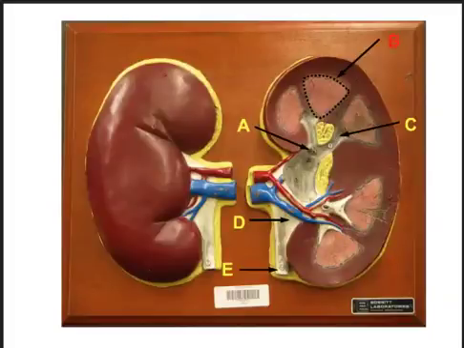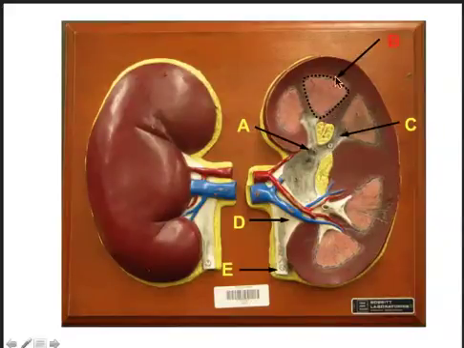Okay, more structures to ID. What is A pointing to again? Again, A is pointing to a papilla. This is at the tip of the pyramid, the apex of the pyramid. You can't see this particular tip of the pyramid because the pyramid for this would be going into the slide, deep into the slide. C here is pointing to, again, a minor calyx.